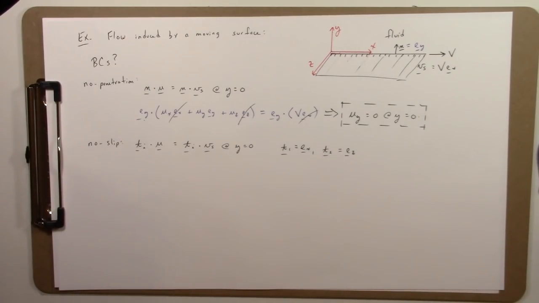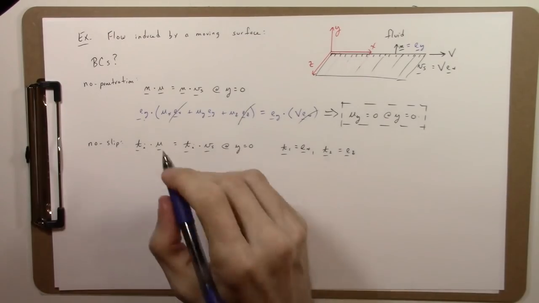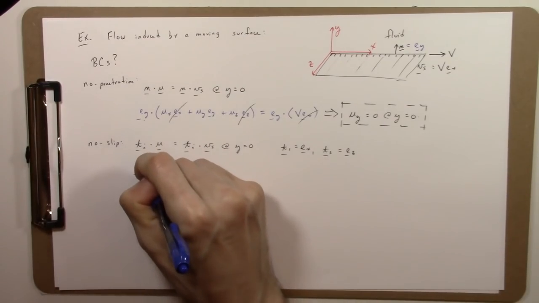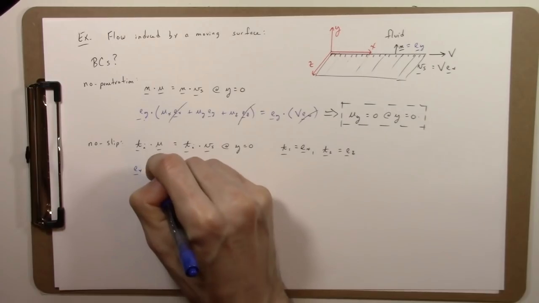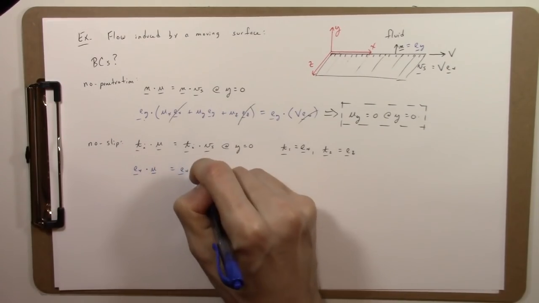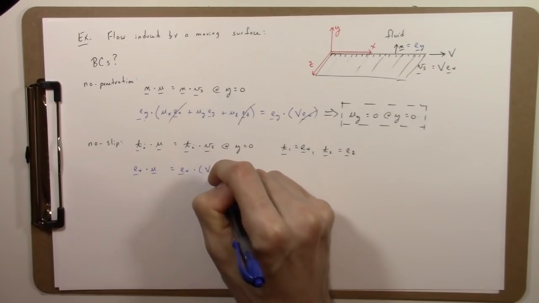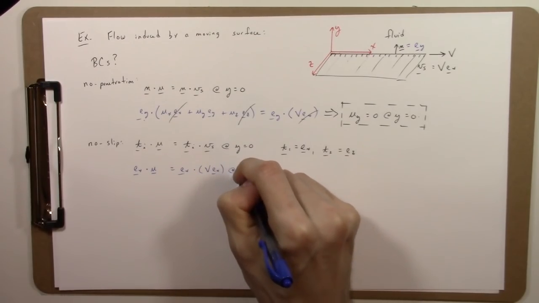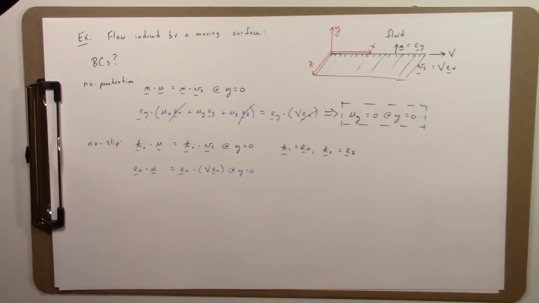If we apply the first one, we get ex dot u is equal to ex dotted with vs, and vs is capital V times ex at y equals 0.